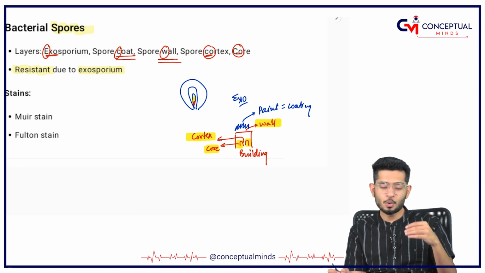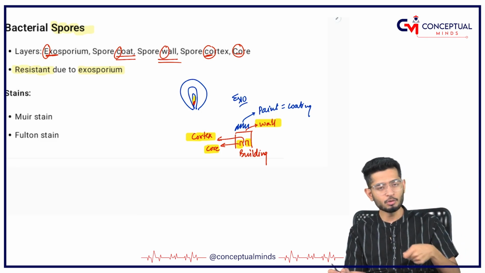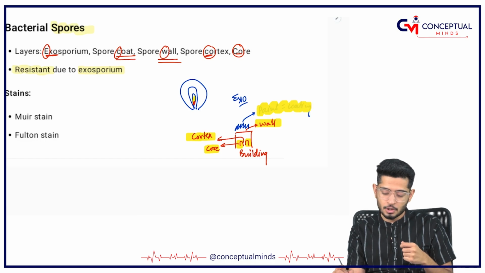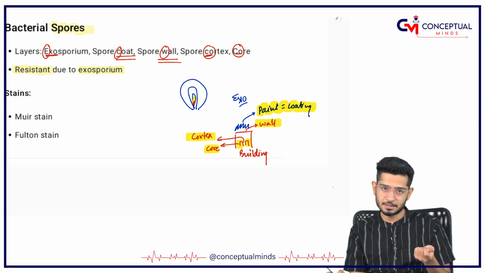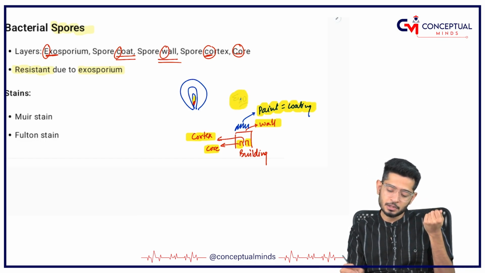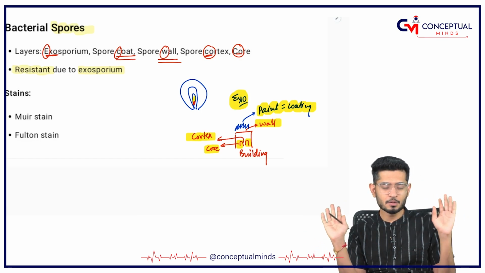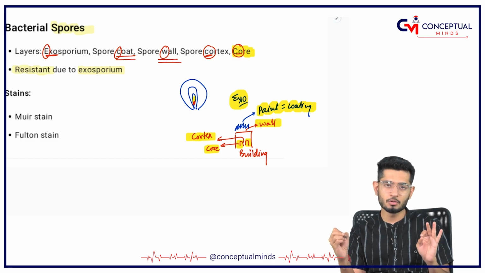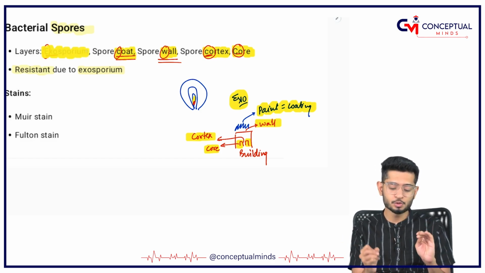After that, you have got a coating, the paint coating on the walls. This is called the spore coat in the bacterial spores. And in the end, you have got the external surroundings, the exosporium. So what I told you, the room is like the core, the balcony is the cortex, then you have the 4 walls of your house, then the paint coating and the exit, the exosporium.